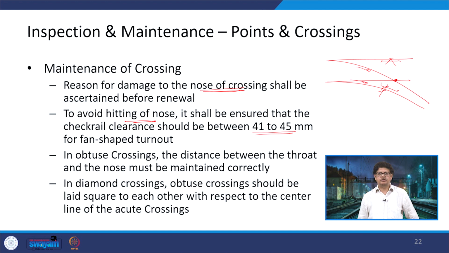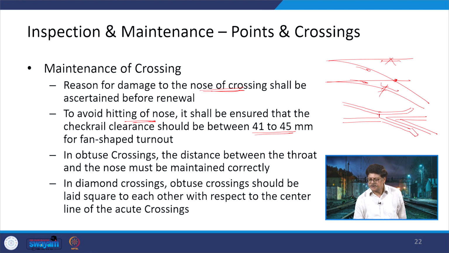Then in obtuse crossings, the distance between the throat and the nose must be maintained correctly. Now, what is that distance between the throat and the nose? We did talk about it. This is the way the crossing is being created, and then there is another rail which comes here and then goes in this direction and flares, or another rail which is coming in this form and then goes in this direction and flares out.